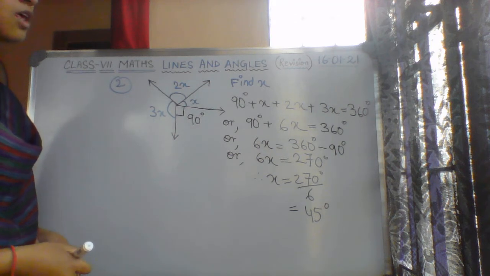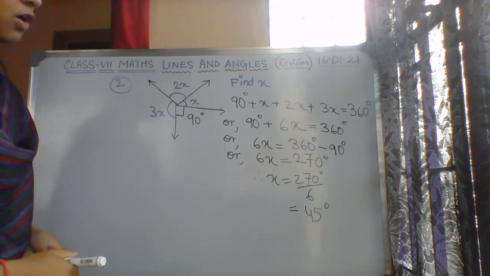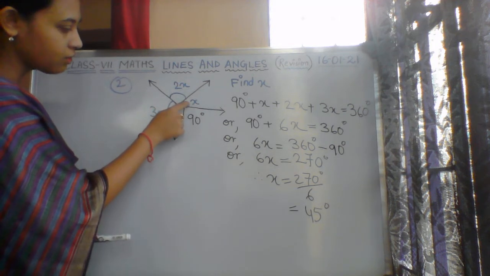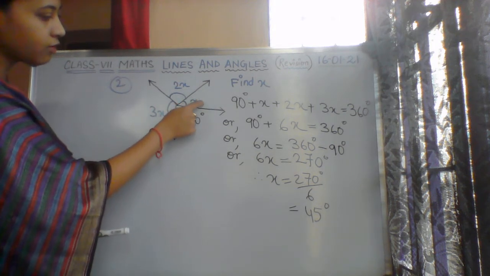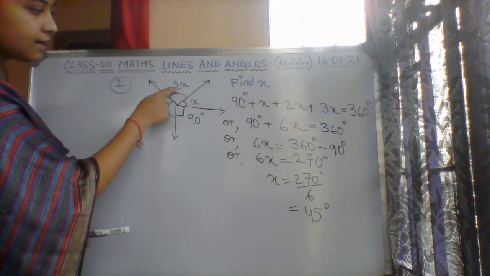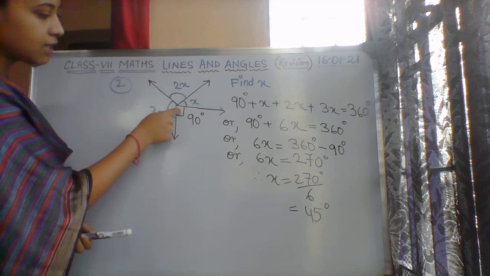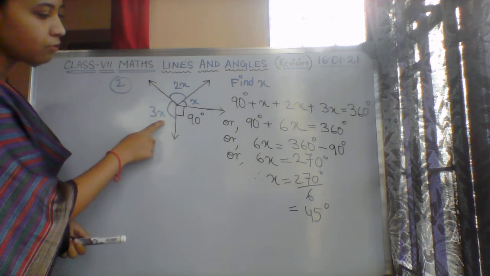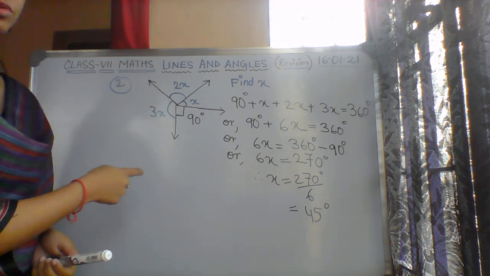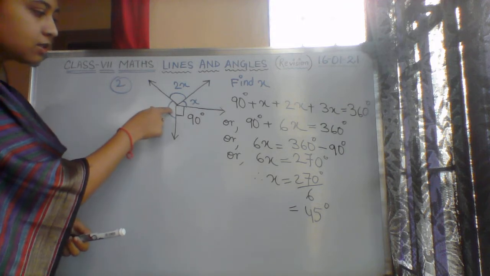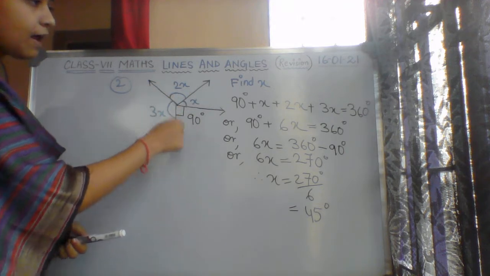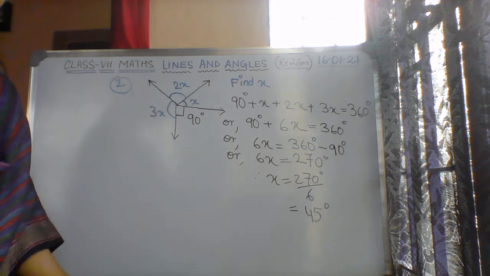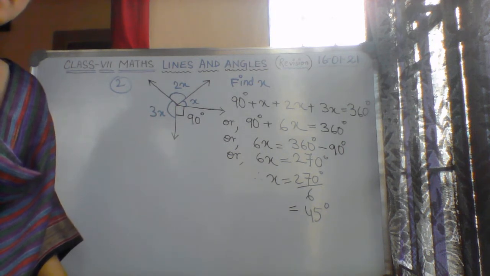You can check whether your value is correct by putting it back. 90 degrees plus 45 degrees, because x is 45 degrees, 2x will be 90 degrees, and 3x will be 45 into 3. If you add them and get 360, then your value of x is correct. This is the process of checking.